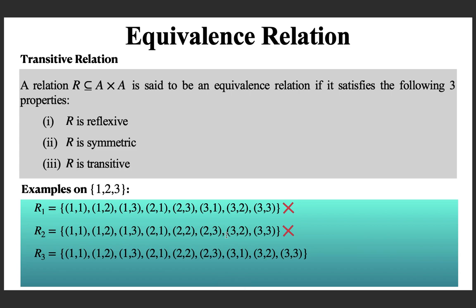So, it is not symmetric. R3, you can verify it as an equivalence relation, and that verification is left as a homework exercise in the interest of time. You verify that it is reflexive, symmetric and transitive.